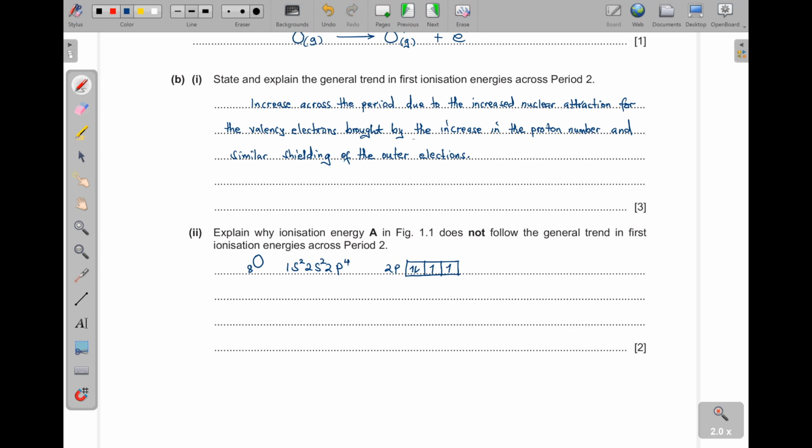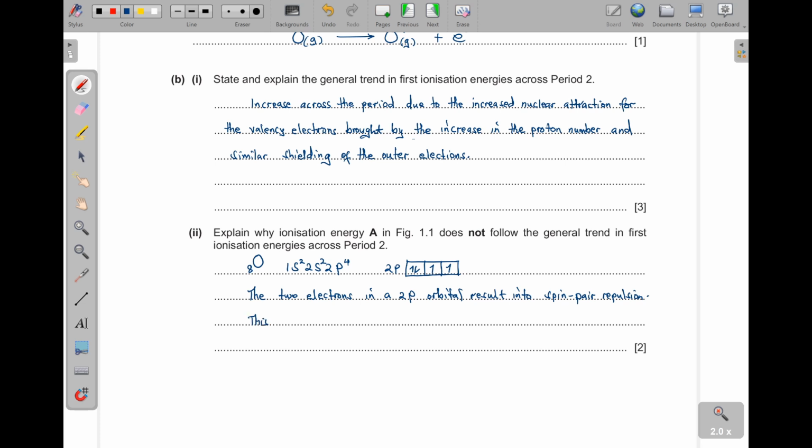So what we shall say is that the two electrons result into spin pair repulsion. Okay, spin pair repulsion, full stop.